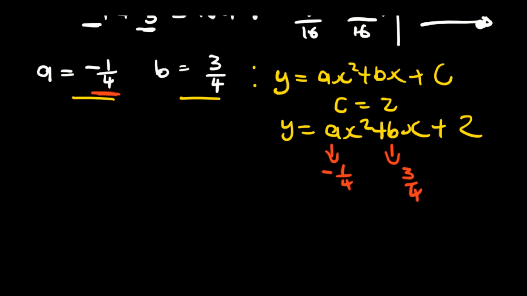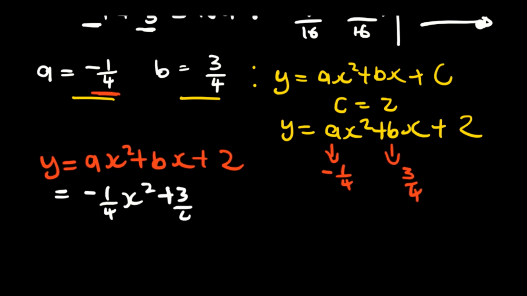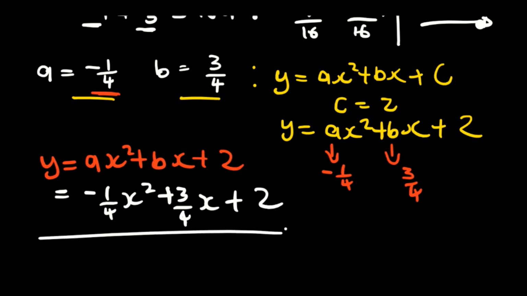So we just substitute into the equation. So y = ax² + bx + 2, so a is given as -1/4 x², b is given as plus 3/4 x, plus 2. So this is the equation of the parabola.